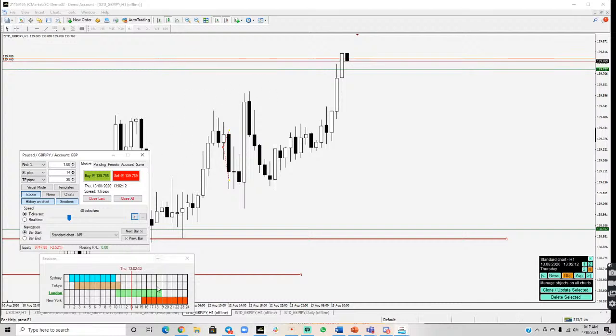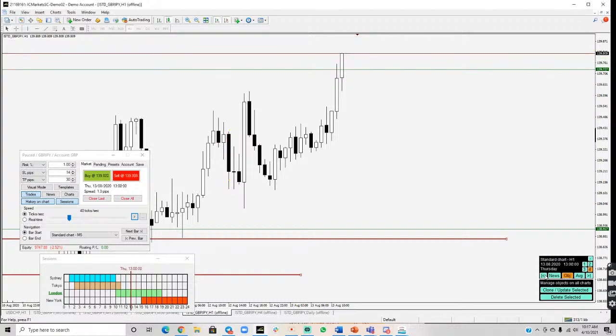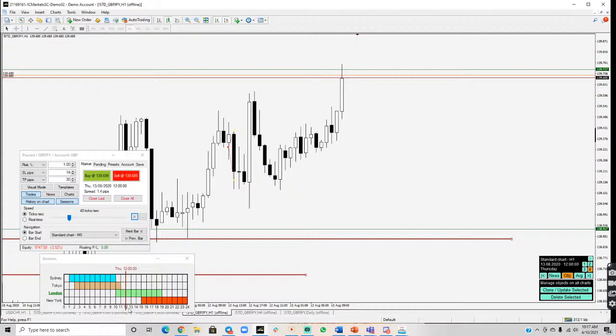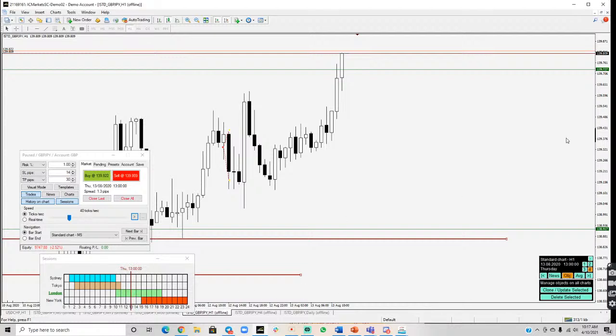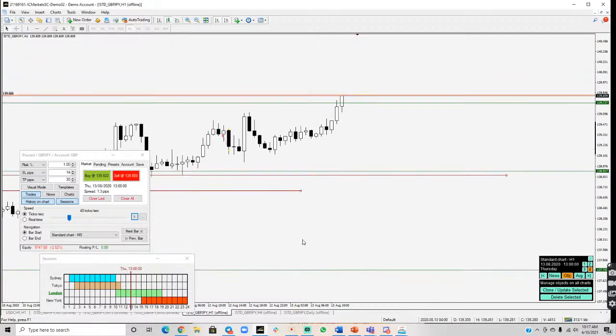So this would have been 6, and we would have missed the move from, no, would have missed the move from 5. But that's okay. It is what it is. Don't worry about that. Our time is actually 13, which is 6 in the morning.